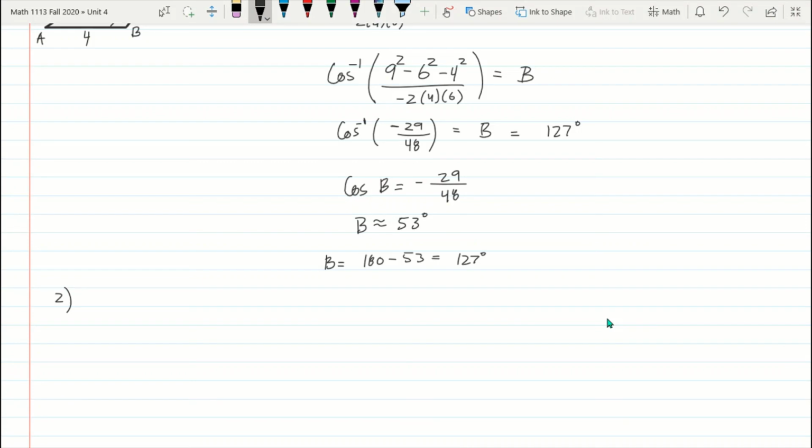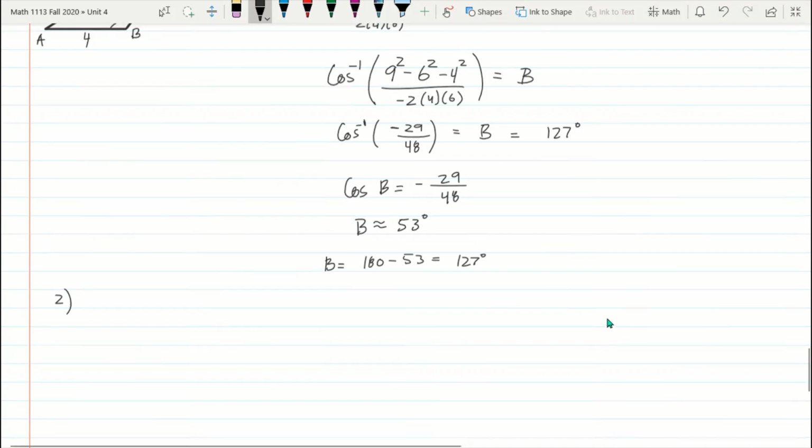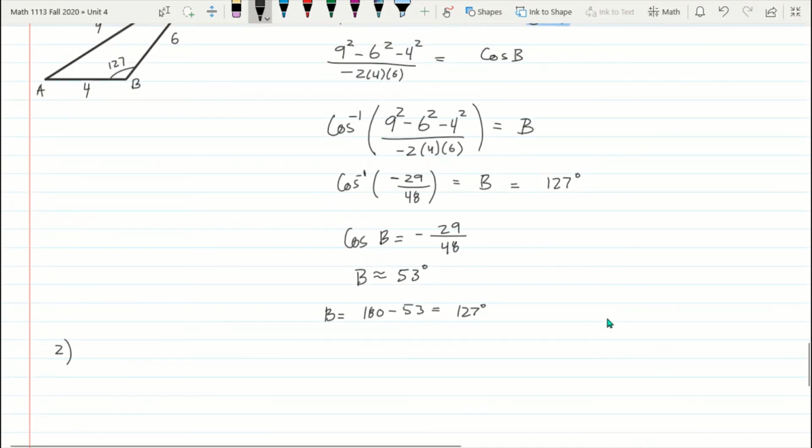We just work our way to find the other angles inside. So we'll do b over sine of B equals a over sine of A, and at this point we can choose whichever we want to find.